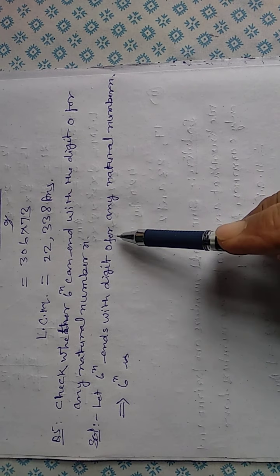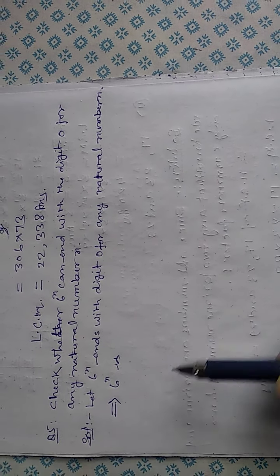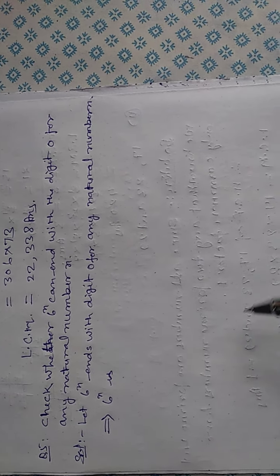Similarly, any other number which ends with digit 0 is divisible by 2 and 5 both. Now suppose this 6 power n ends with digit 0 for any natural number n. That means this 6 power n is divisible by 2 and 5 both.